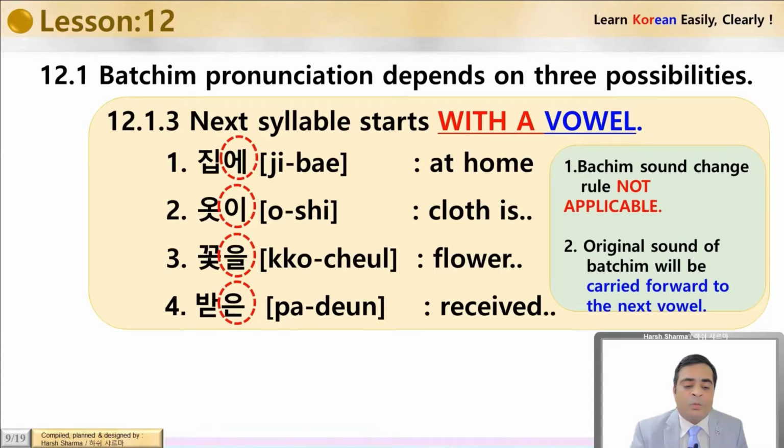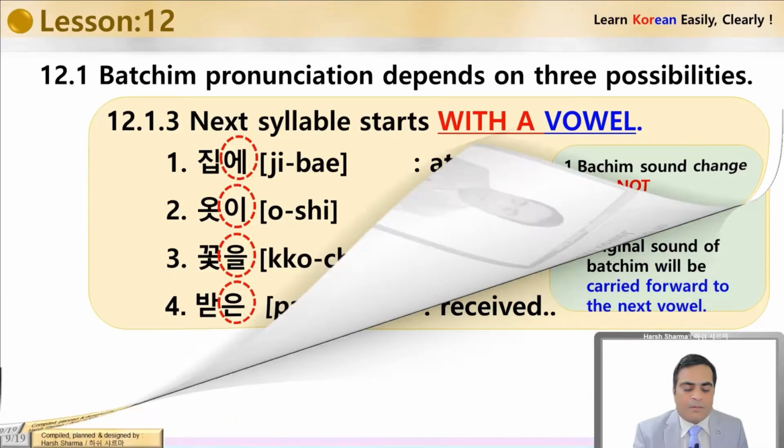It will be pronounced as oshi, not oti. Number three will be pronounced as kochal, not kotal. And number four will be pronounced as phadan. So please understand these three possibilities.